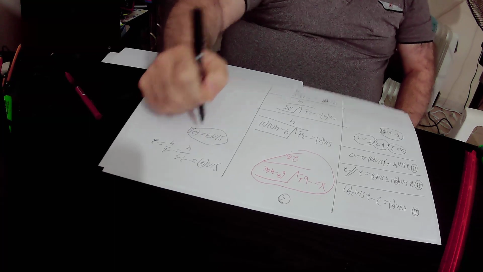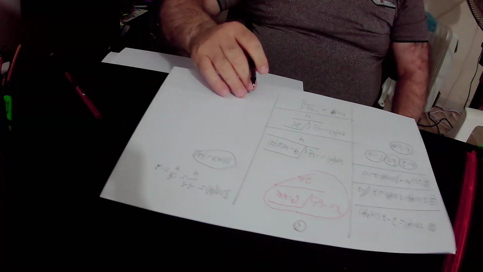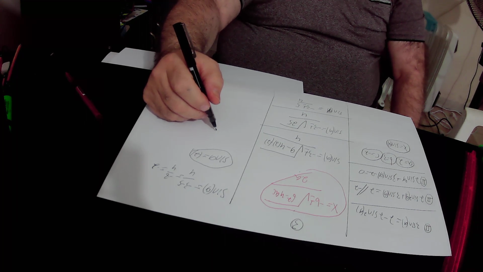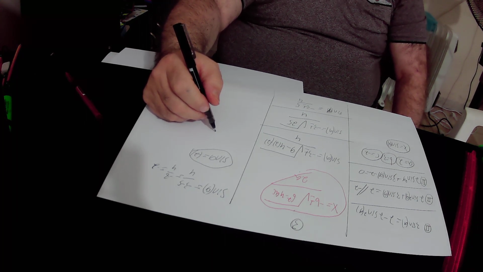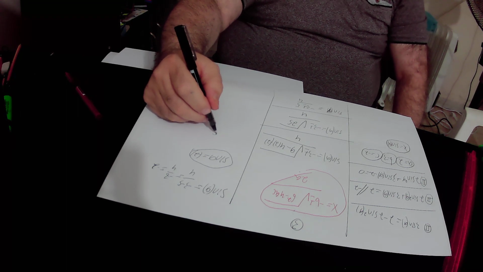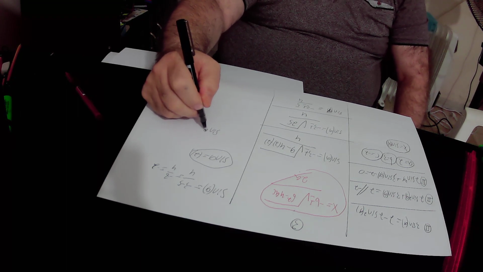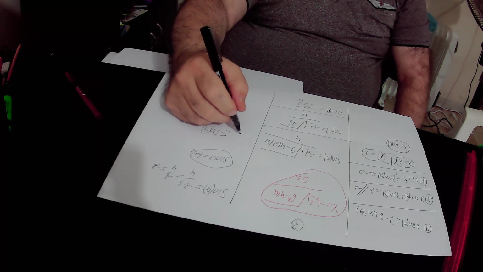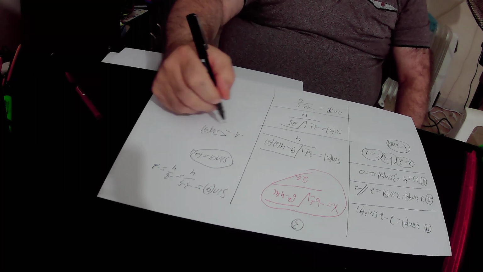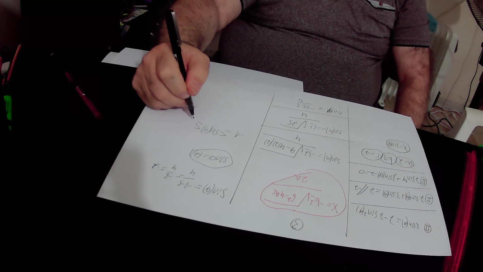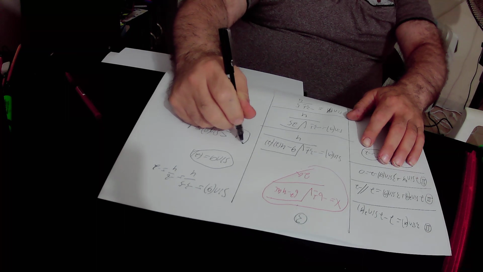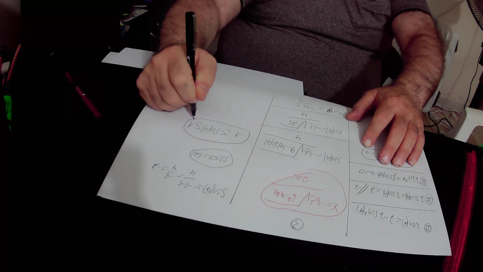But because sine alpha can accept values ranging from minus 1 to plus 1, that is, values greater than or equal to minus 1 and smaller than or equal to 1, minus 2 exceeds this range of values that sine alpha can accept.